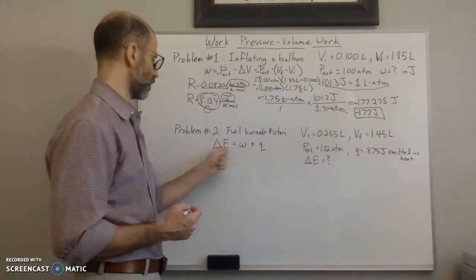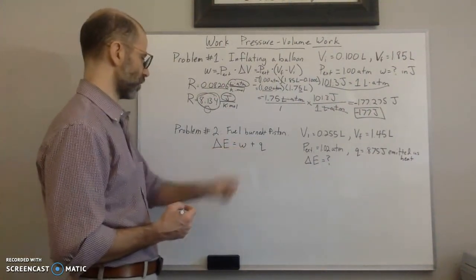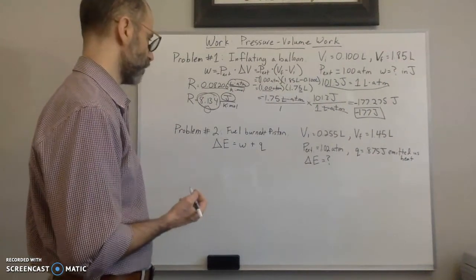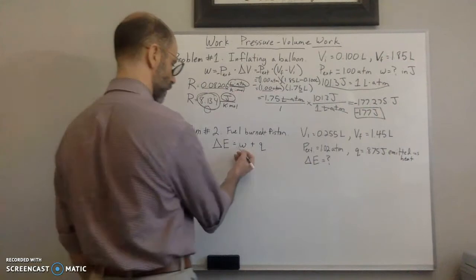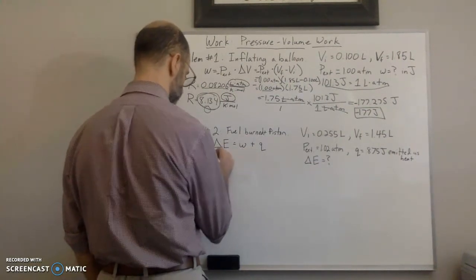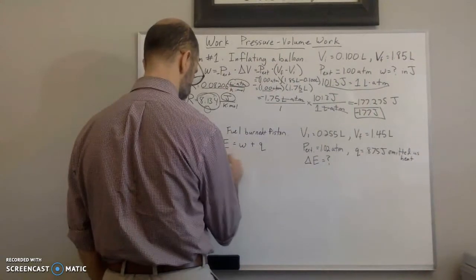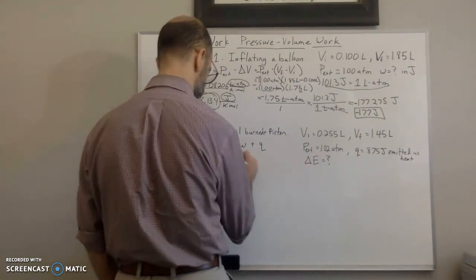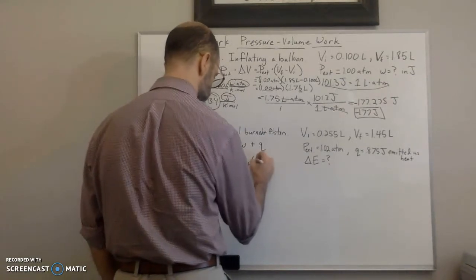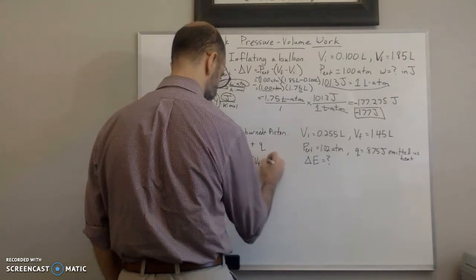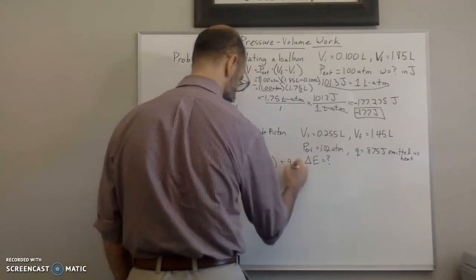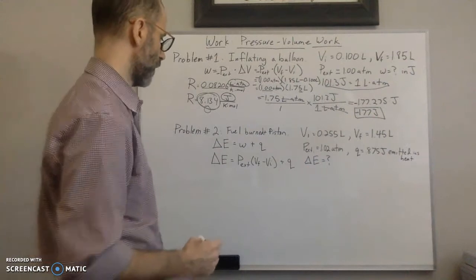So our internal energy was all about work due to pressure and volume change. Here we're going to have to calculate work. So here the internal energy is going to be equal to the external pressure, multiplied by the change in volume, final minus initial, plus the heat that we got.